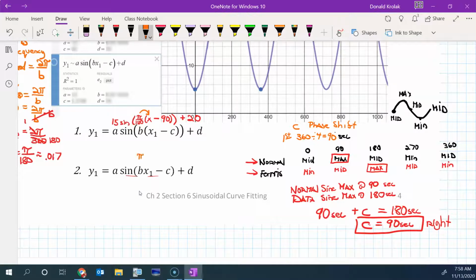So this would be pi over 180 x, this is still 15, minus pi over 180 times 90, which is pi over 2, plus 20.